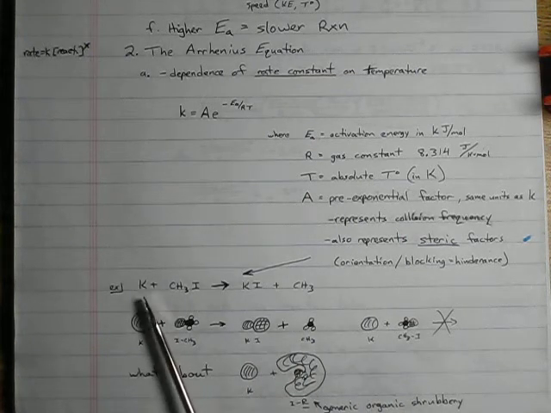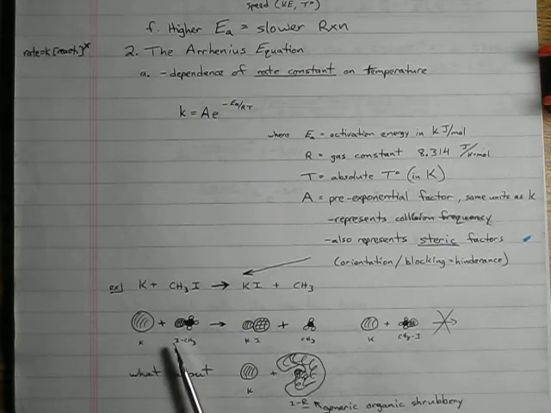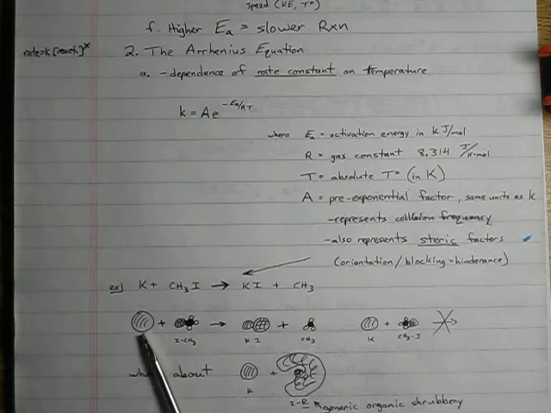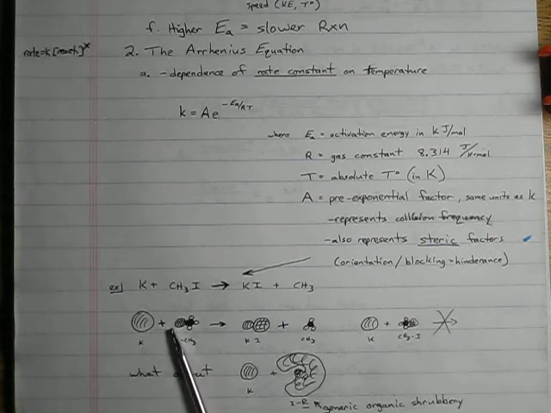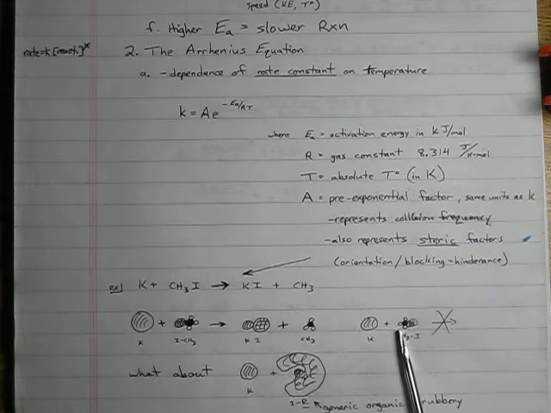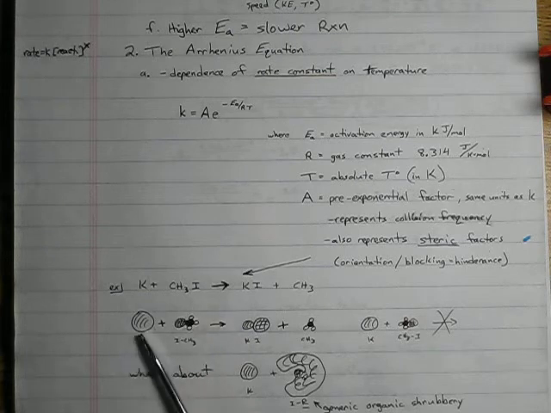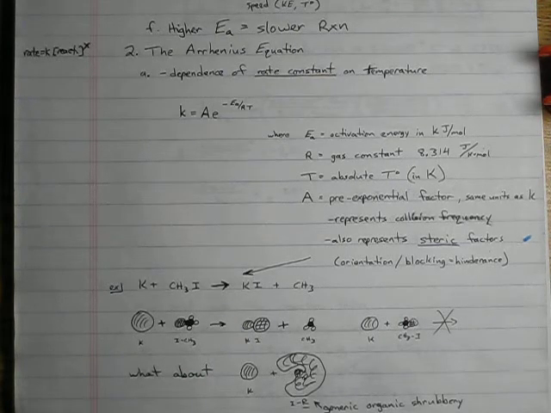For example, down here, for this reaction, if you had potassium that's going to react with the CH3I, note that the potassium and the iodide have to be on the same side. This potassium has to come in there and smack into this iodide to get the reaction to occur. If the potassium smacked into the CH3 in this orientation, it will not occur. So this molecule has to be oriented correctly for that potassium to smack into the iodide.